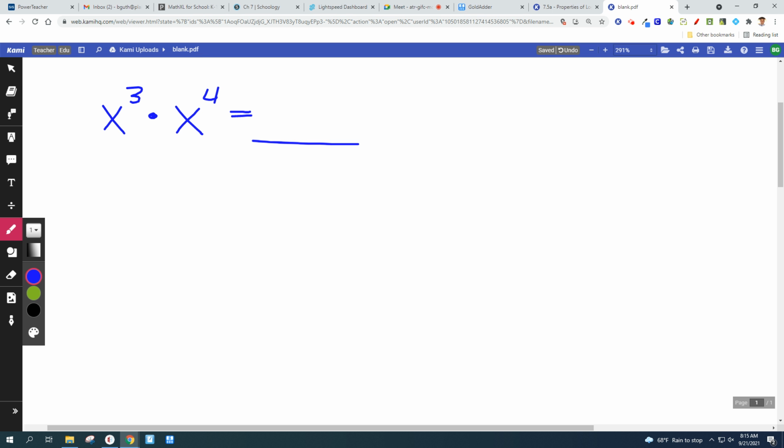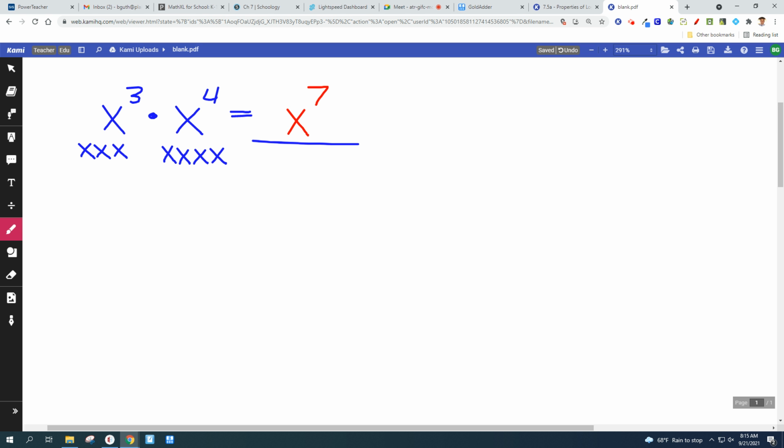One choice would be x to the 12th or x to the 7th. But if you think about x to the third, that's this, and x to the fourth, that's this, it makes it clear, since there are 7 of them, that x to the third times x to the fourth is x to the 7th.